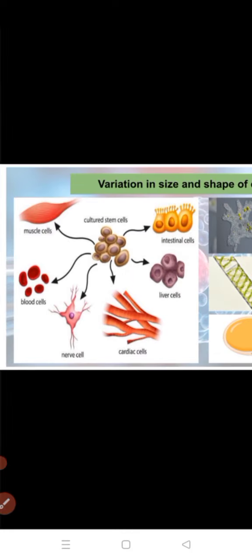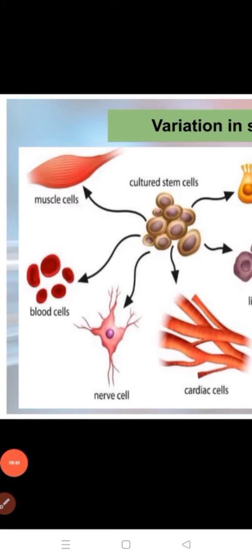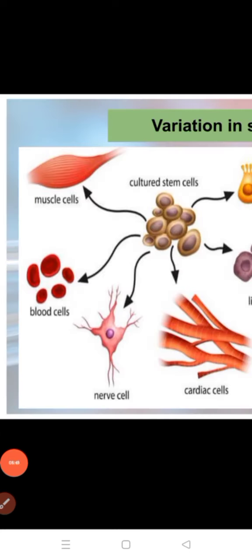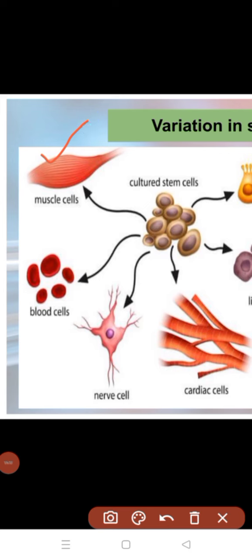Now, students, you can see different types of cells on the slide. You can see in the human body alone you can find different types of cells. This is muscle cells. This is blood cells. These are the cells present in the brain.